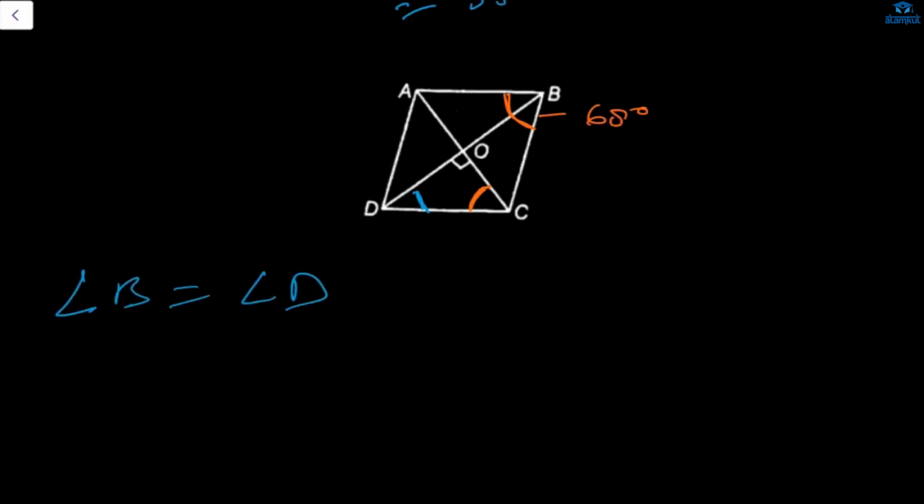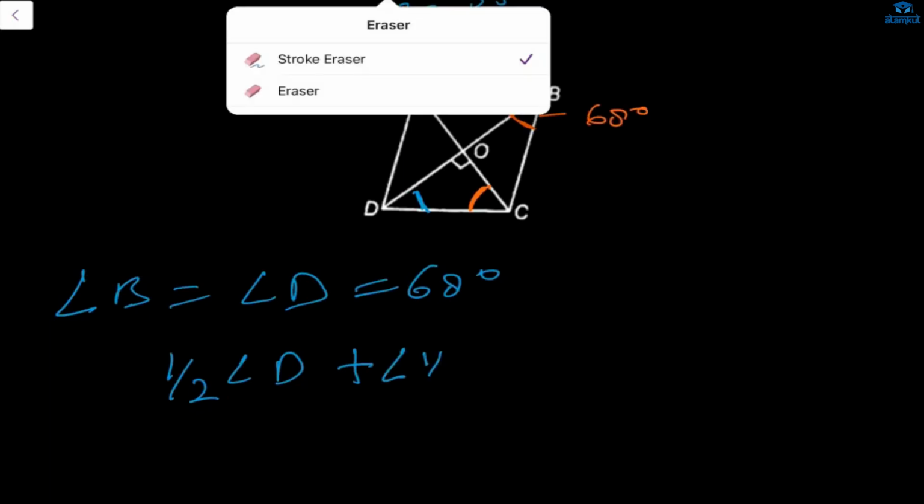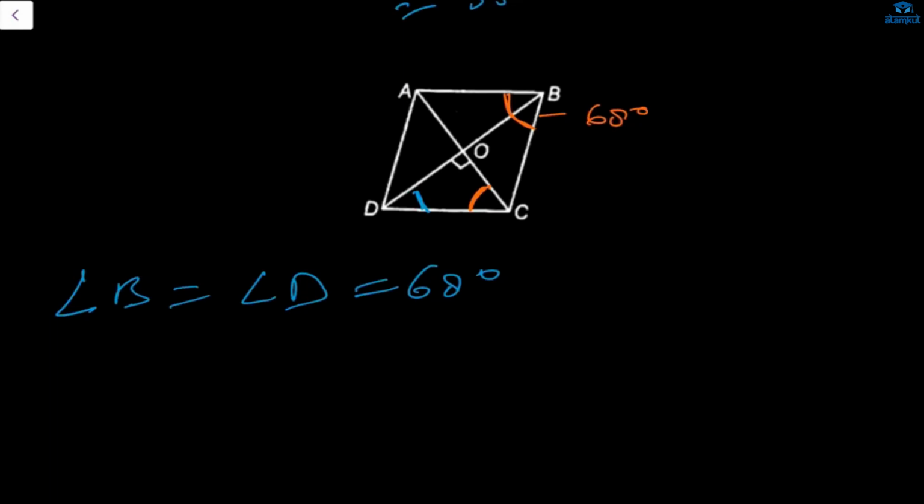In a parallelogram, opposite angles are equal, and a rhombus is also a parallelogram, so angle D will be equal to 68 degrees. Ma'am, do we need to prove that they are equal, or can we just state that opposite angles are equal?